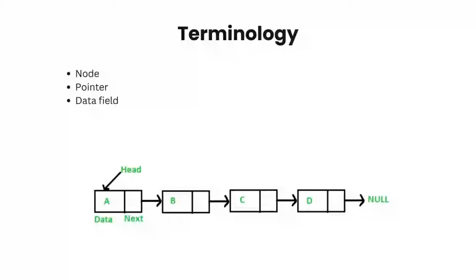First is the data that we want to store, and second is the address of the next node in the linked list. And that's pretty much all about the linked list. I hope you have understood the basics of linked list. In our upcoming videos, we will see different types of linked list and we'll also solve some problems.